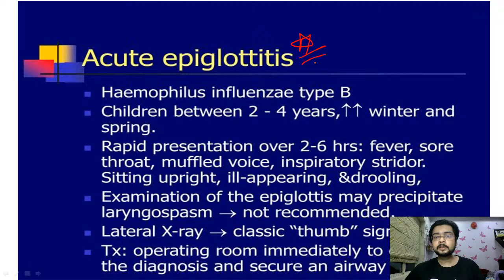If you go into a little detail, it is caused by Haemophilus influenzae type B in children of a small age, like 2 to 4 years, more in winter, with rapid presentation as given in the question: fever, sore throat, muffled voice, inspiratory stridor. All of these are pointing towards acute epiglottitis.